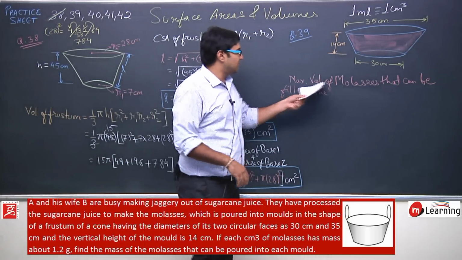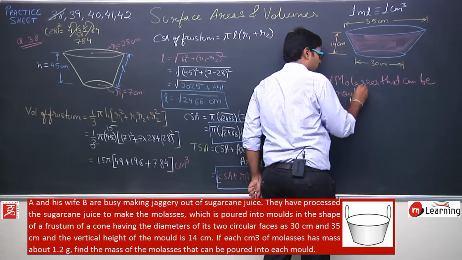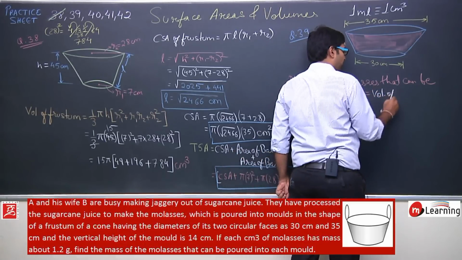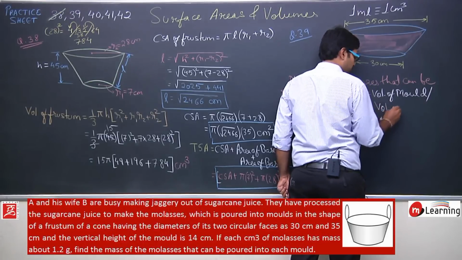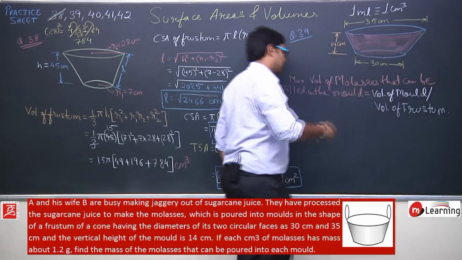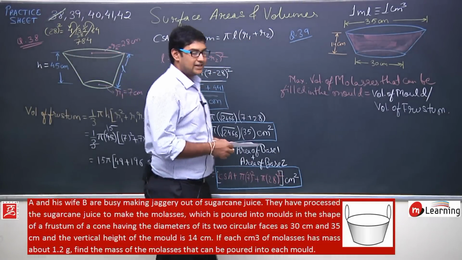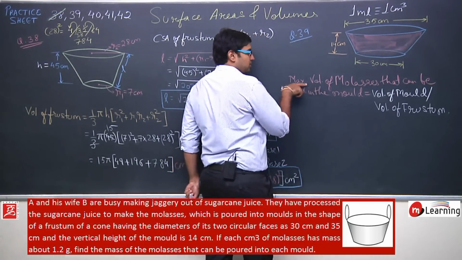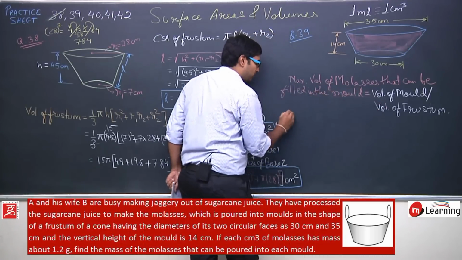So the maximum volume of molasses that can be filled in the mold is simply equal to the volume of mold, or I can write it as volume of frustum. So this much is the maximum volume of molasses that can be filled inside this frustum. So I need to simply determine the volume of frustum.